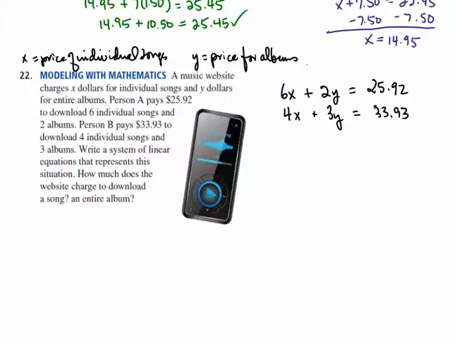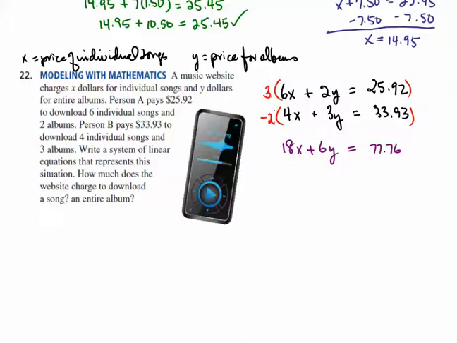Then we are going to need to use a least common multiple here. I will use the 2 and the 3 to get them to become 6. So I'm going to multiply the top by +3, the bottom by -2. When I do, I get 18x plus 6y is equal to, so 3 times 25.92 is equal to $77.76.